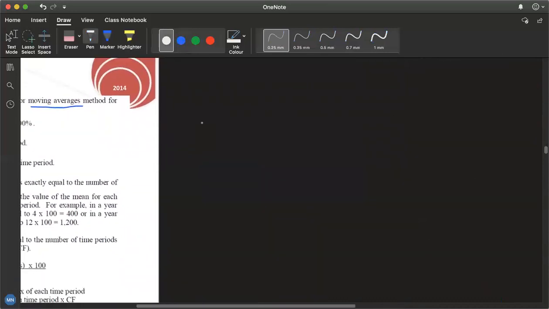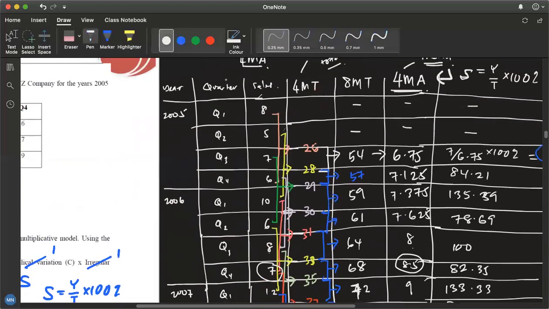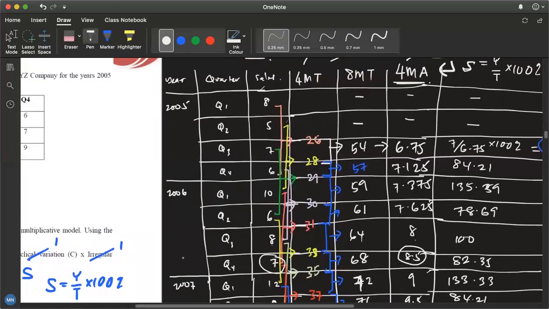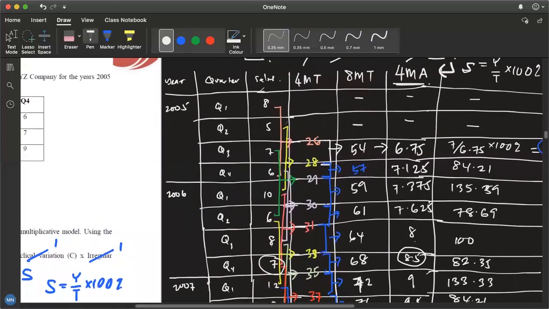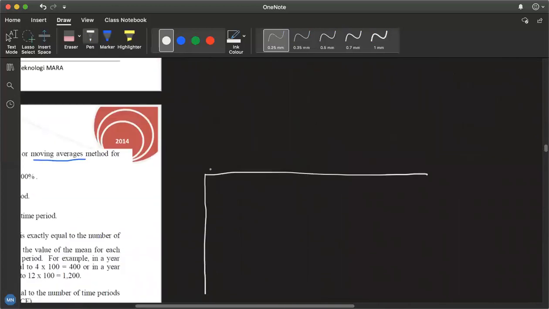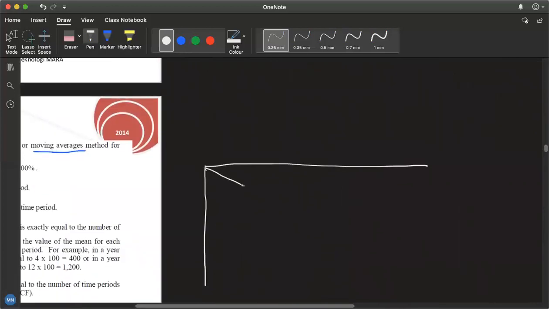So to tabulate the value, we need to create a table. This table, since we have year 2005, 2006, and 2007, and quarter we have 1, 2, 3, and 4. So we will tabulate based on year and quarter. So let the first column become year, and each column onwards is quarter.